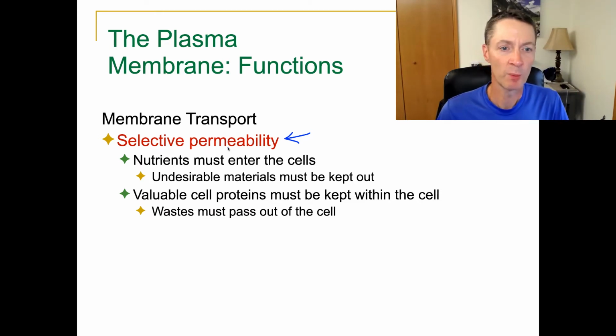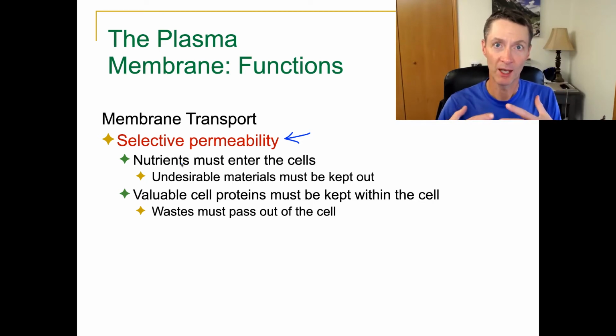So selective permeability is about nutrients and valuable proteins that the cell wants to keep inside, and nutrients that it wants to move inside. So it wants the good things in. It wants to bring them in and keep them in, right?